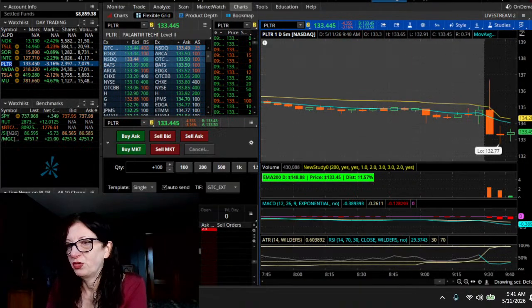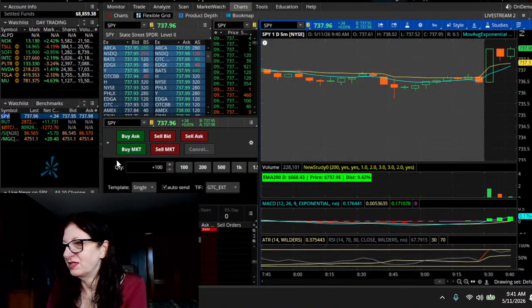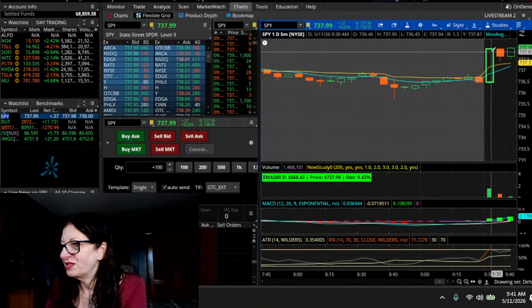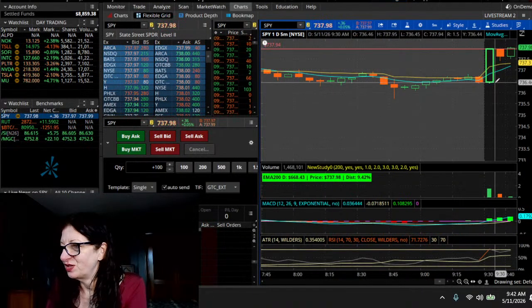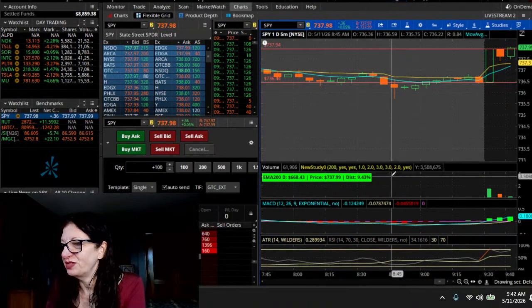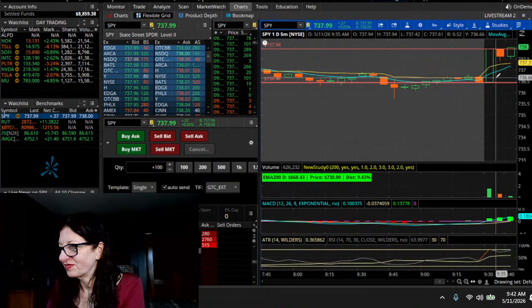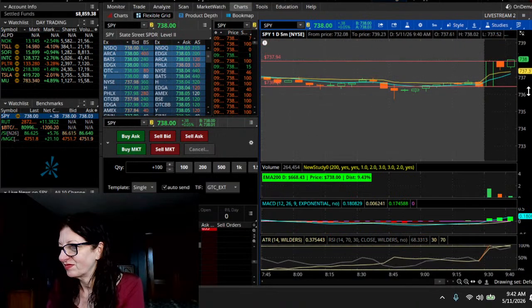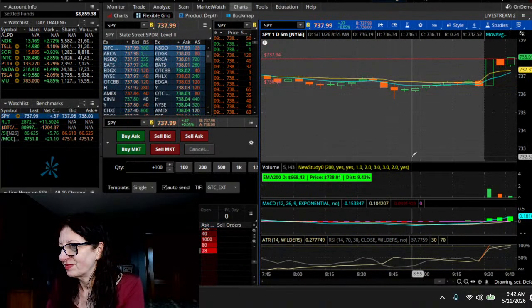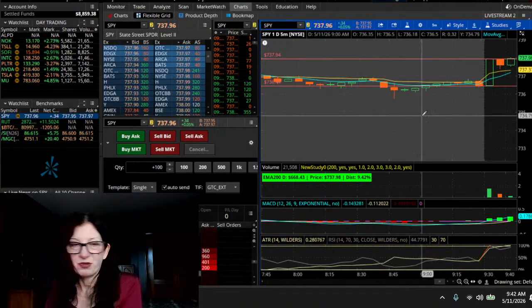Palantir, below opening range. Let's look at this S&P 500. So if we did the opening range breakout with this, right now it would be breaking out.